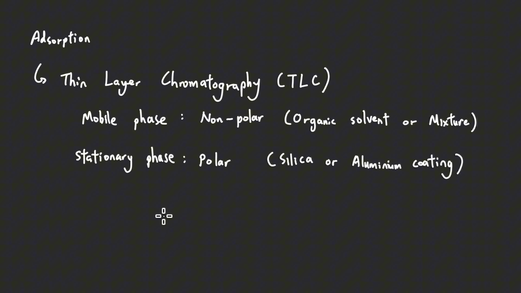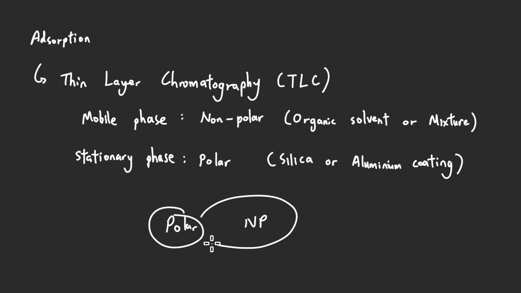And when a molecule consists of polar and non-polar parts, the non-polar part will move through the mobile phase, and the polar part will be stuck at the stationary phase. Therefore we see on the chromatogram a shorter retention time for the non-polar part, because it is in the mobile phase and will move through the detector first.